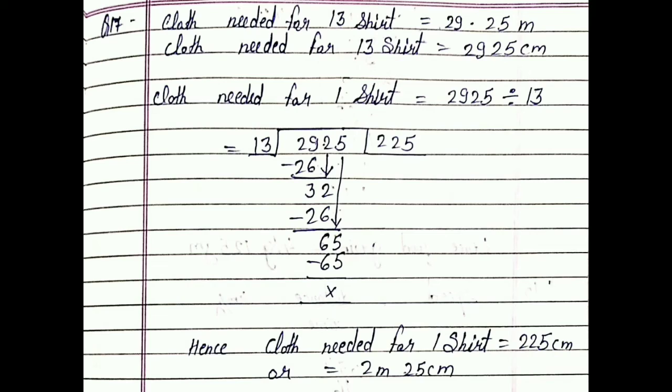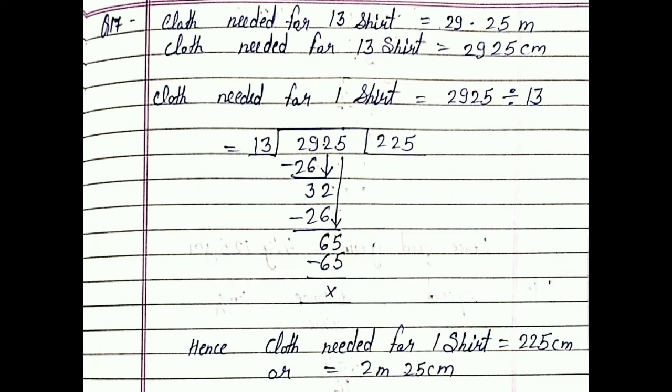We will write this amount in decimal form. So the answer will be 29.25 meter. Or we can write, cloth needed for 13 shirts is 2925 centimeter. We can change this needed cloth into centimeter also.